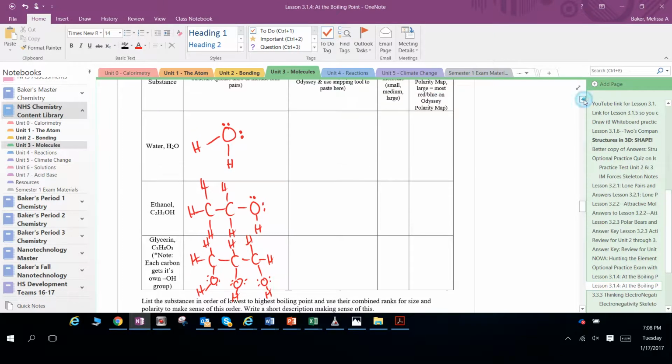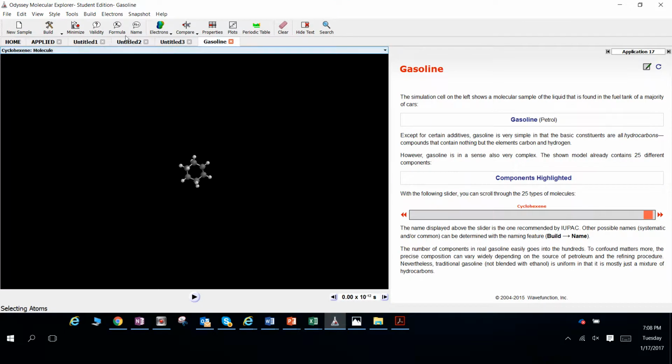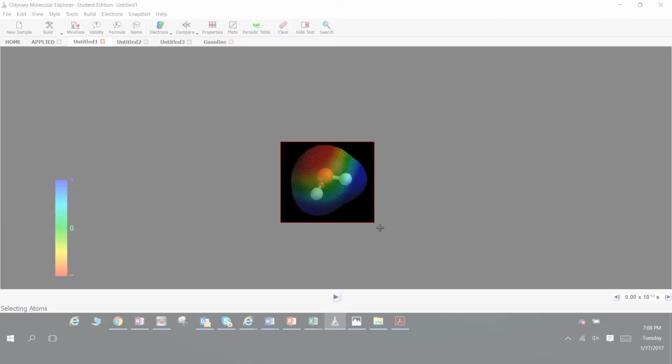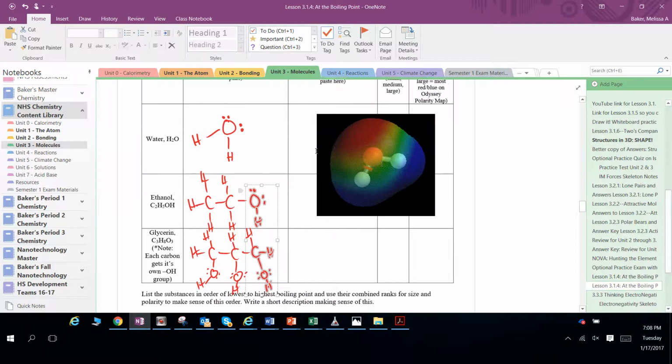And so let's take a look at the polarity maps for each of these, and we'll actually go ahead and snip these in. So here's the polarity map for the H2O. So there's water's polarity map. I'm clicking on the snipping tool, and I'm going to put a copy of that in here.